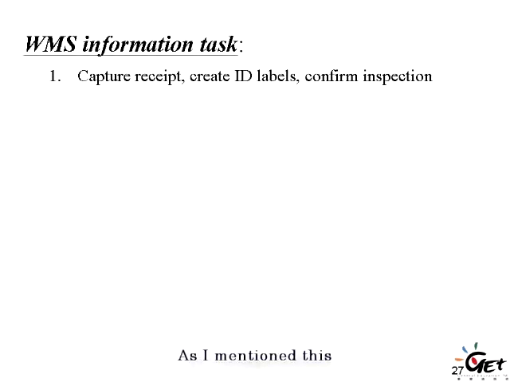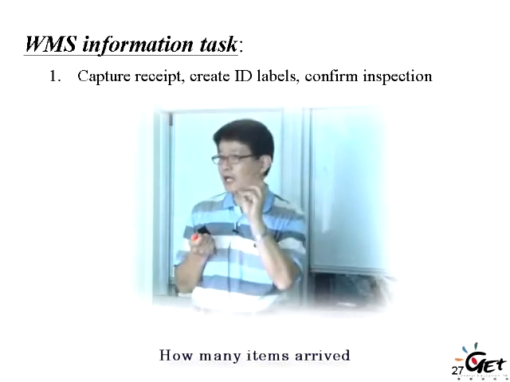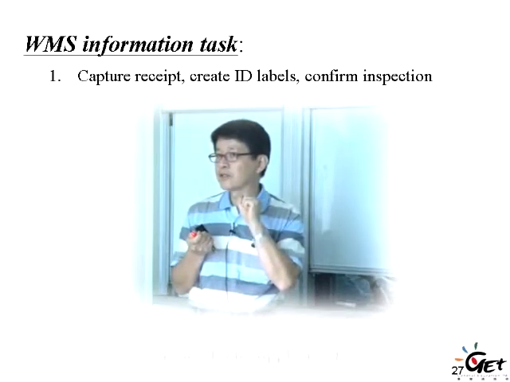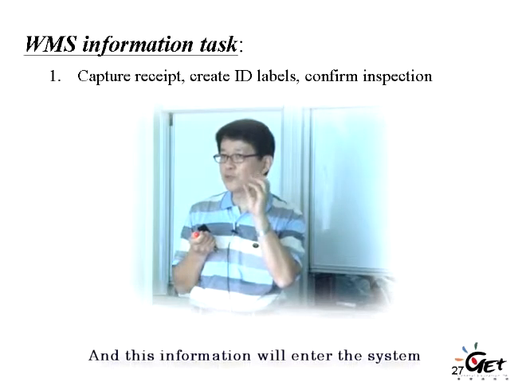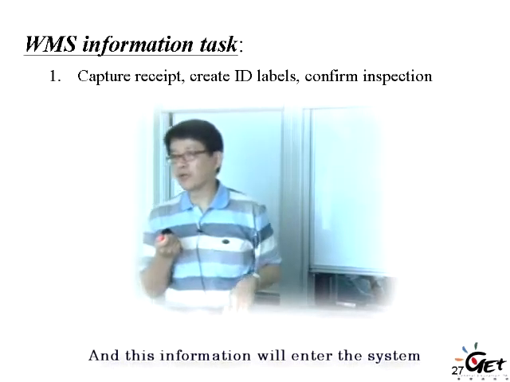As I mentioned, the warehouse management information system in the goods receiving stage can capture information from the receipt, such as how many items arrived from which suppliers, and this information will enter the system.